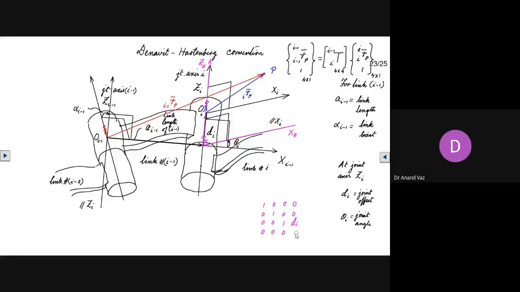And here we have 1. So this is the transformation matrix, which is going to give us the relationship between I and frame H.